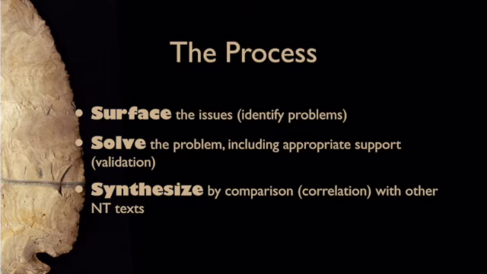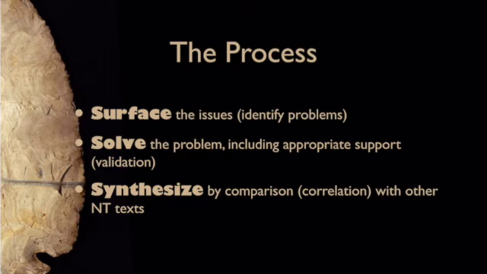Most of the time you're going to be relying on commentaries to surface the pros and cons for each view, but that's not limited to commentaries. You'll look at BDAG, you'll look at the grammars, you'll look at journal articles, really anywhere you can to surface the pros and cons for each view.